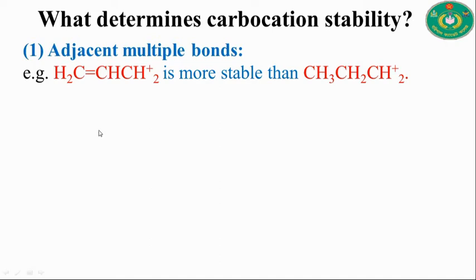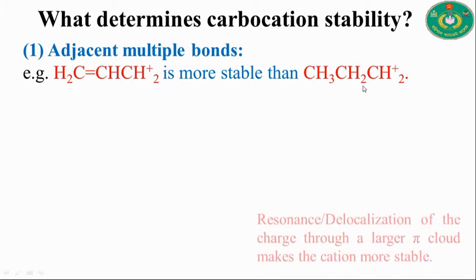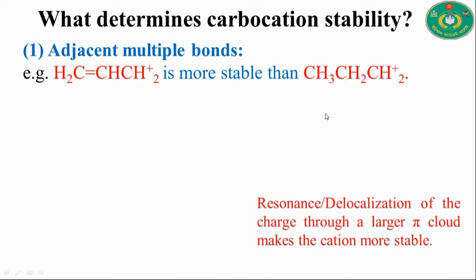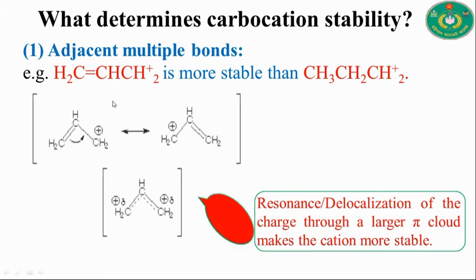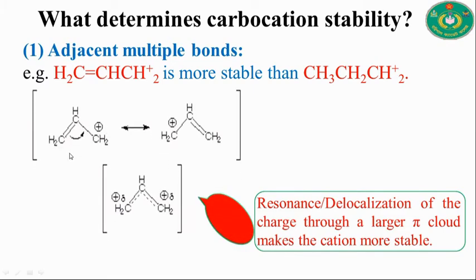For example, CH2=CH2+ is more stable than CH3CH2+ carbocation, because in the first carbocation resonance is possible, which is shown here.